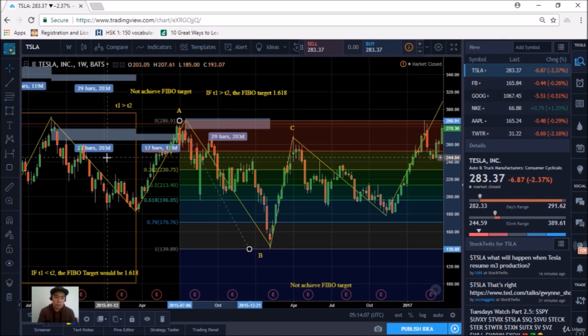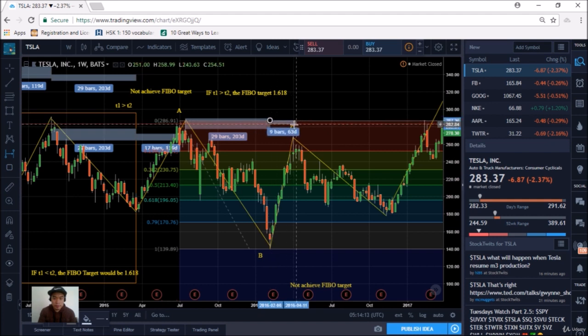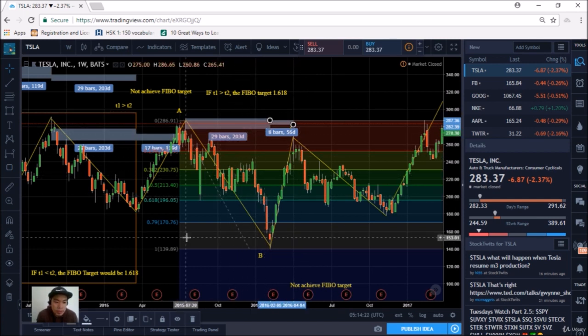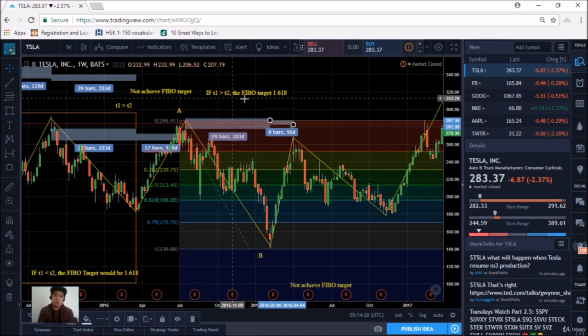And now what you need to do is identify the time from this point to this point. What you can see is that T1 is more than T2, right? If T1 is more than T2, the Fibonacci target is 1.618.